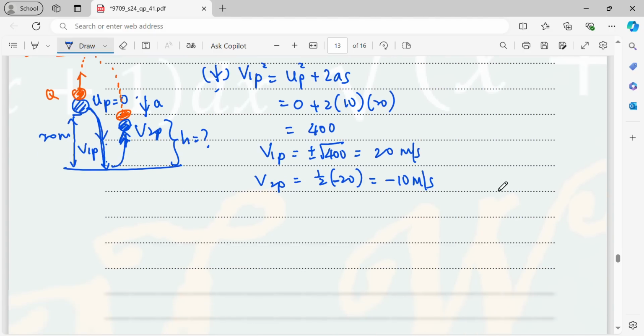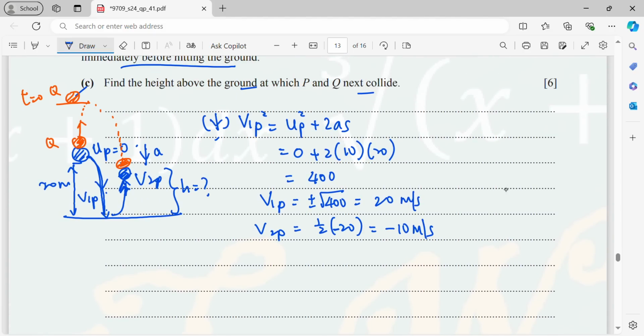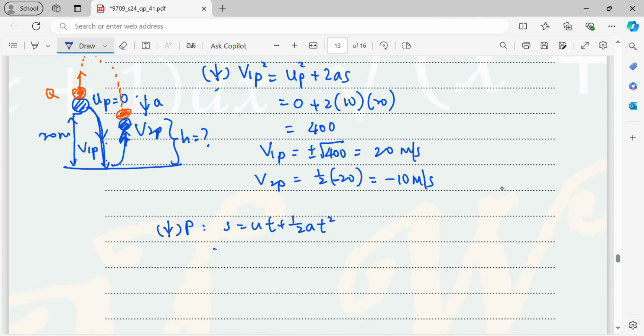Okay, and then now I need to find out how much time it takes for the P to reach the ground. Again, for the P going down, S equals UT plus half AT squared. So now the distance is 20, the U is 0, the time I do not know, plus half, since the P is going down to reach the ground, the A is positive 10, and then T squared.